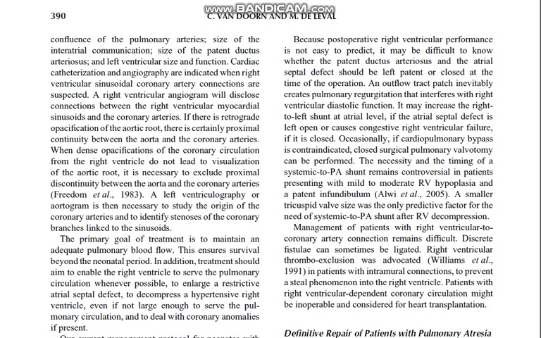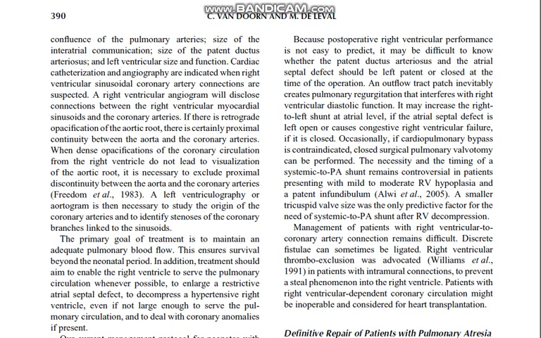The necessity and the timing of a systemic to pulmonary artery shunt remain controversial in patients presenting with mild to moderate right ventricular hypoplasia and patent infundibulum. A smaller tricuspid valve size was the only predictive factor for the need of a systemic to pulmonary artery shunt after right ventricle decompression.